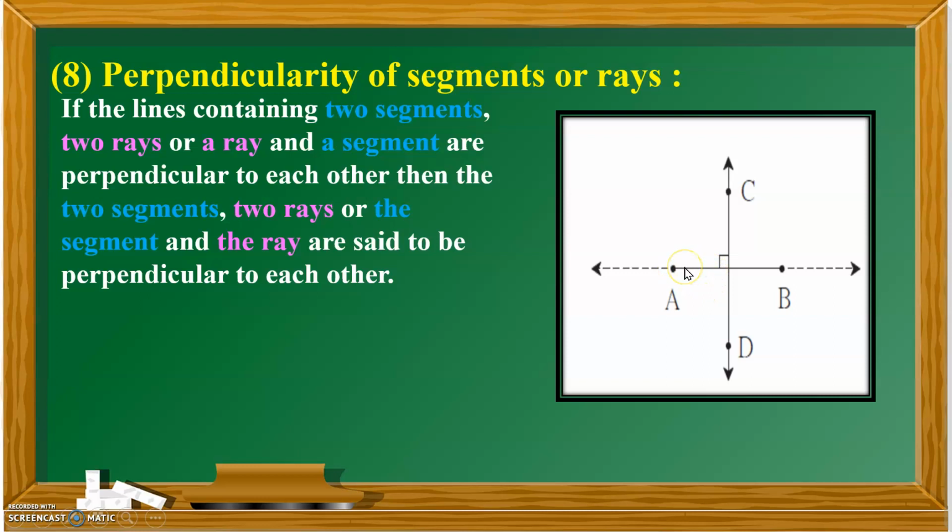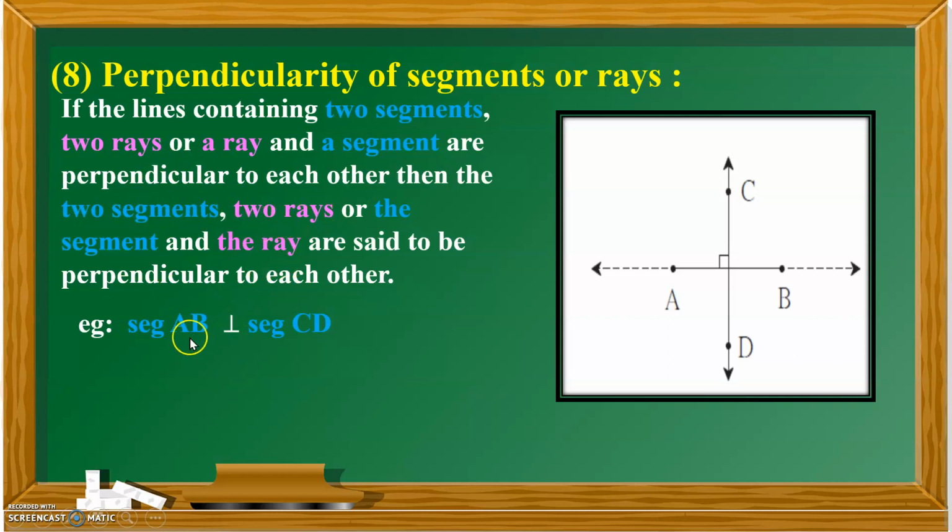So if the lines are perpendicular, then the subsets will also be perpendicular. So let us have more clarity on this with the help of an example. So here, since the lines are perpendicular, we can say segment AB is perpendicular to segment CD. Okay, this is taking care of this part. Then the two segments are perpendicular to each other.